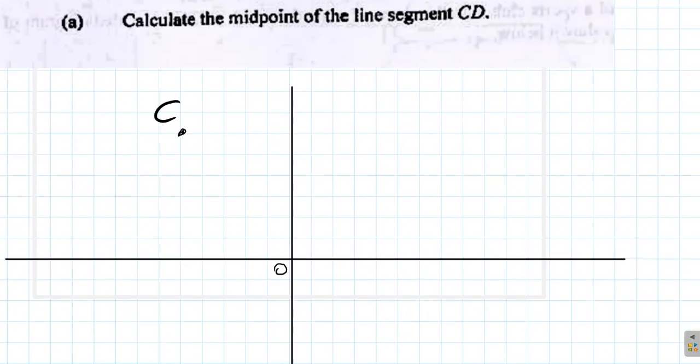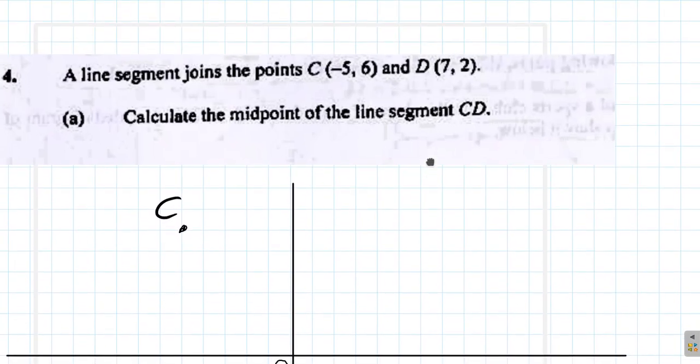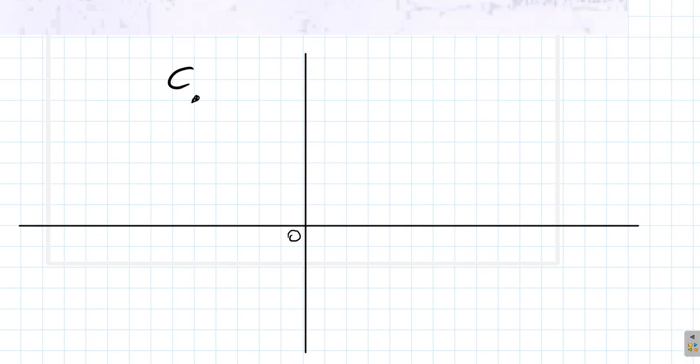Our C is here. And then D is at 7, 2. So from here, we go 7, 2. 1, 2, 3, 4, 5, 6, 7 here. 1, 2.